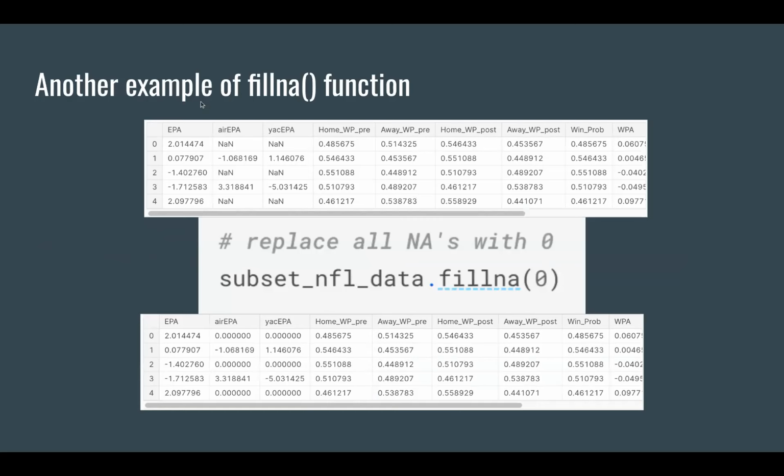So here is another example of using the fillna function. If we do fillna with 0, then we can see that these NaN values are replaced with 0.